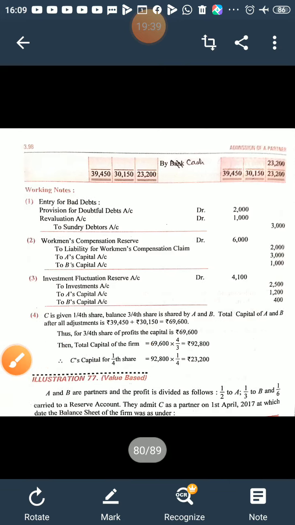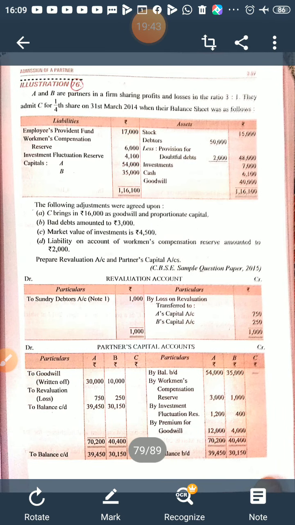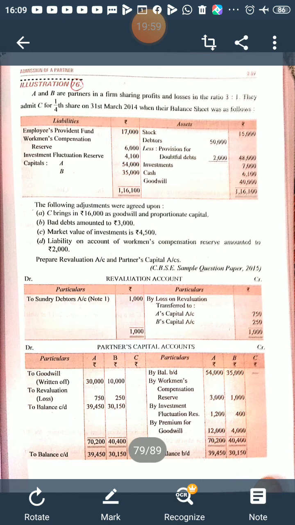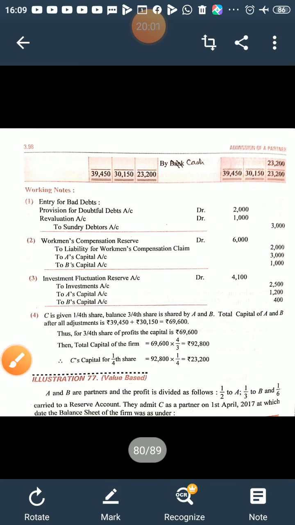Now next is calculation. We have transferred the revaluation account and we have already done everything. So now we calculate the balances. A is having a balance of 39,450 and B is having a balance of 30,150. On the basis of these amounts, we will calculate.